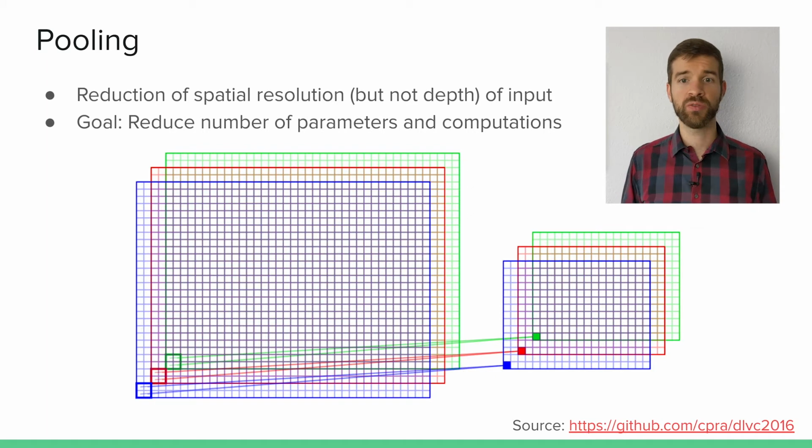Why would anyone do this? Because we want to reduce the number of parameters. If we have a large image and we add more and more features, the network becomes really big. So it can be meaningful to say, only give me the most important information here, boil it down to a smaller representation, and I continue with this dense and meaningful representation. That is what a pooling layer typically does.